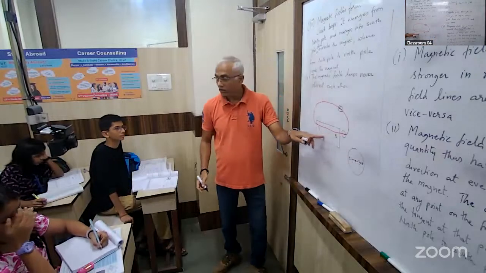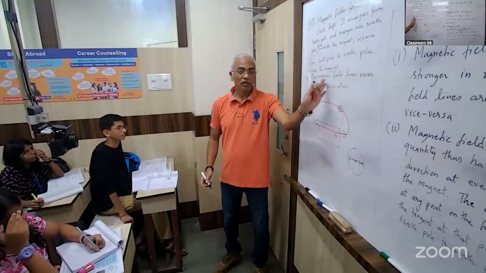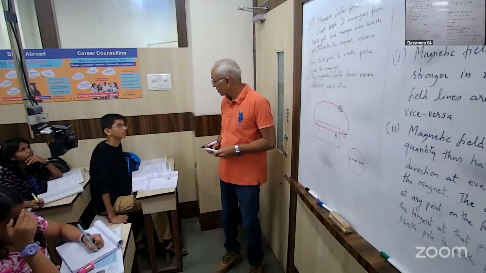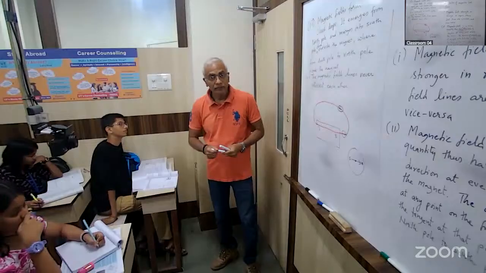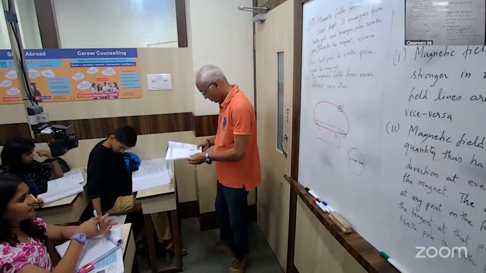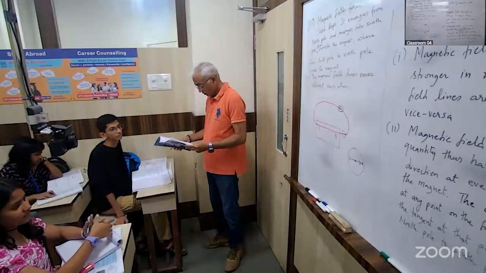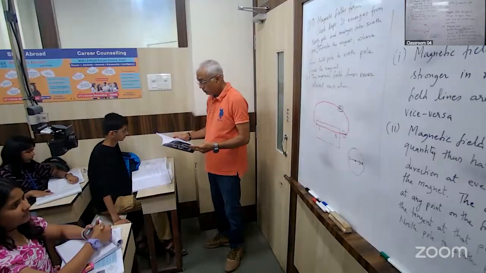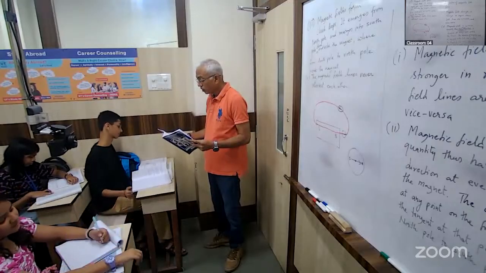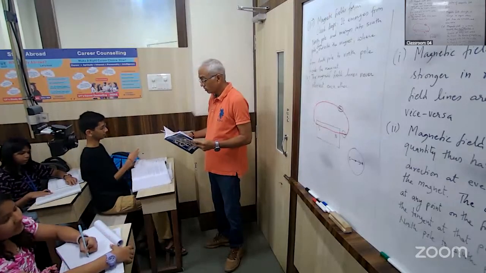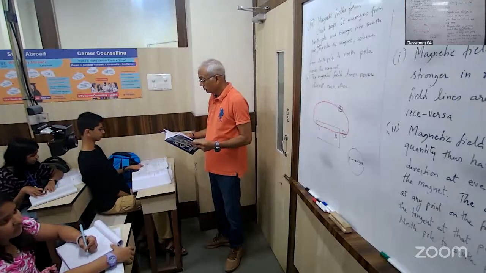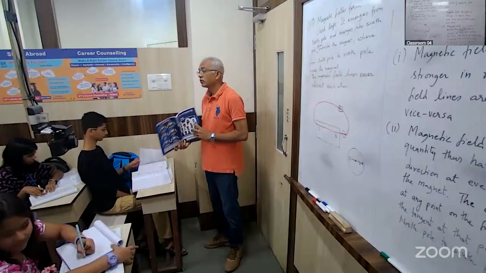So the arrow is north, so north will be repelled. In this way it goes towards south. Is it clear? All poles are of equal strength. Right? Okay? So we have covered everything.